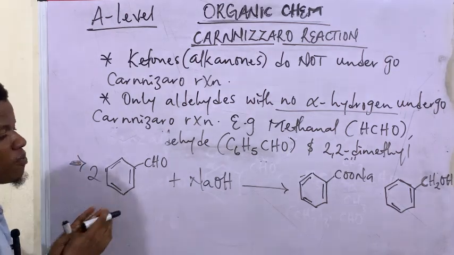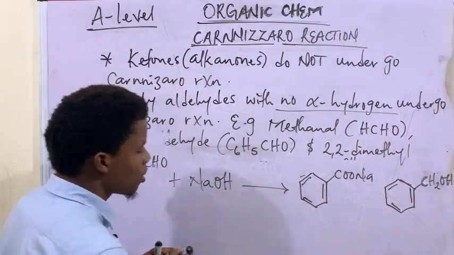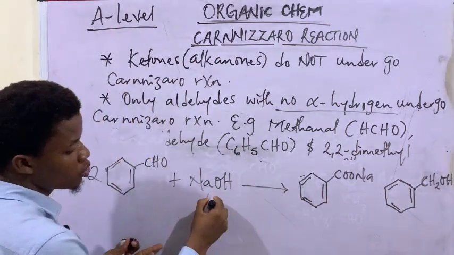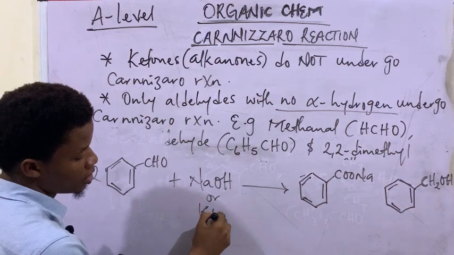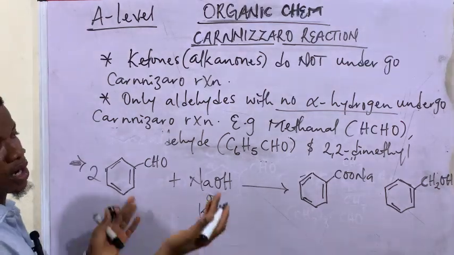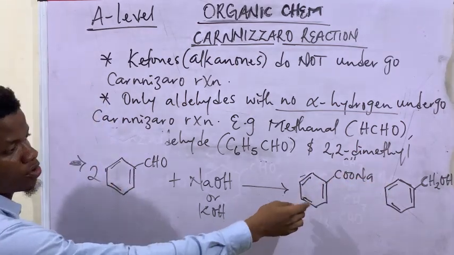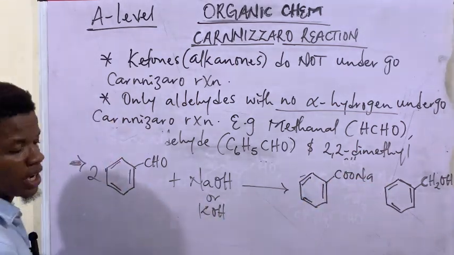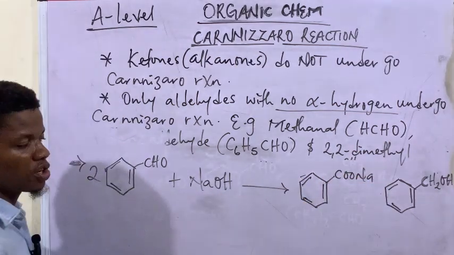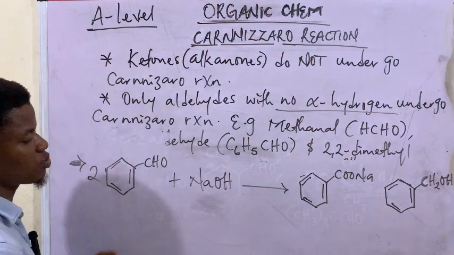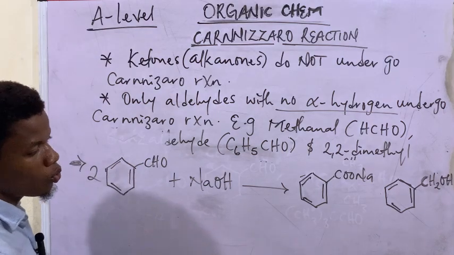So 2 moles of benzaldehyde reacts with NaOH. KOH can also be used, but if KOH is used, the product will change: where you have Na, you put K, potassium. But for this question we are using NaOH.